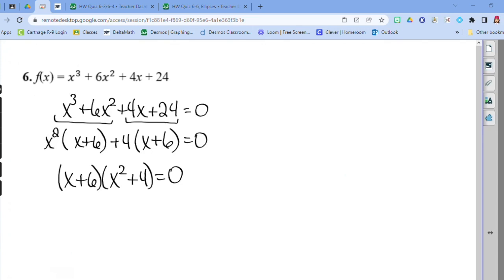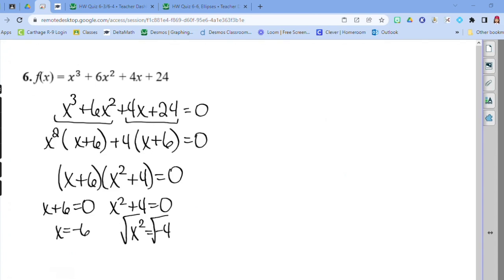I can set each of these factors equal to 0. When I do, I'm going to subtract the 6 on this first one. That one's finished. I'm going to subtract the 4 on the next one. I'm going to take the square root of both sides.